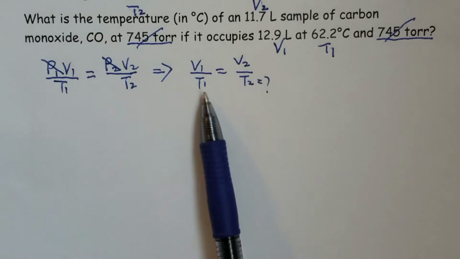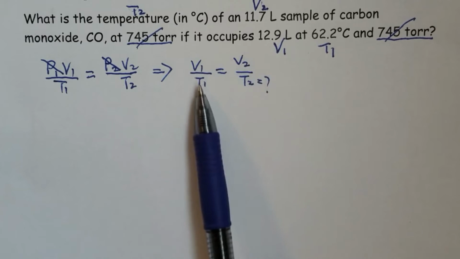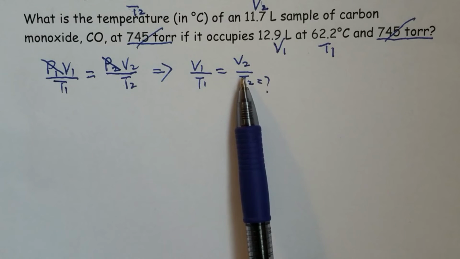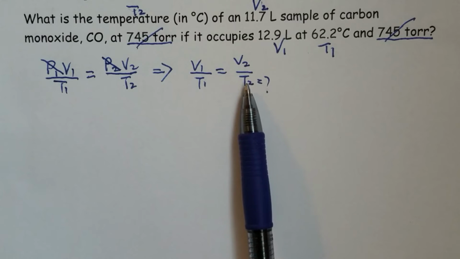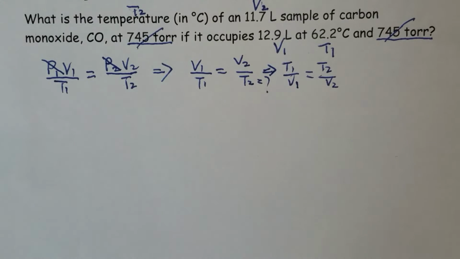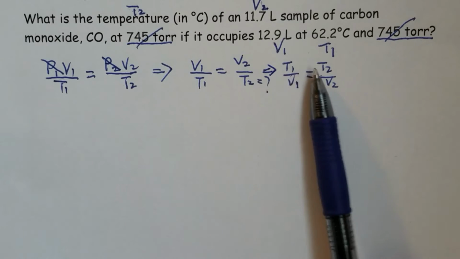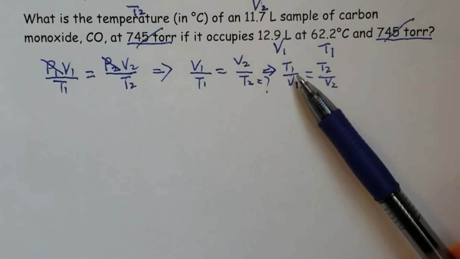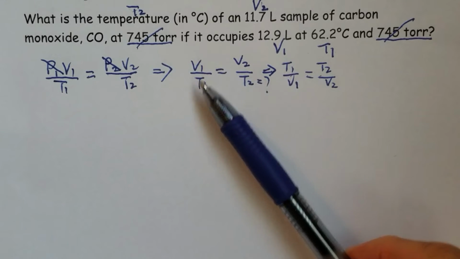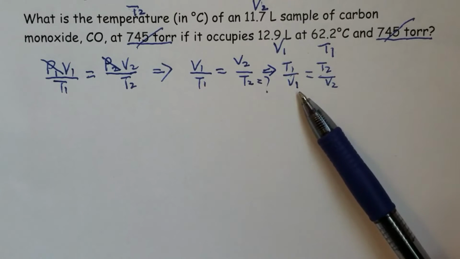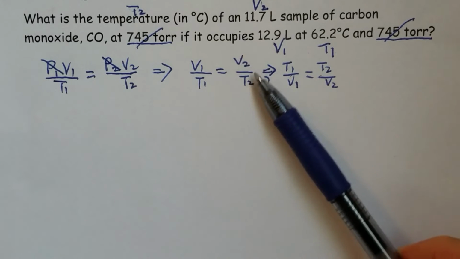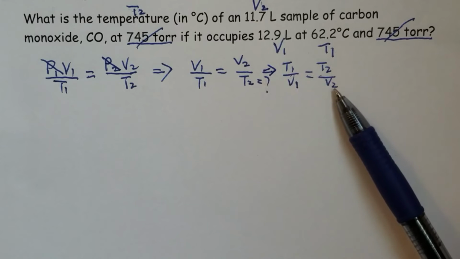Some students have a little trouble finding the unknown, or the quantity that needs to be calculated, especially if that quantity is in the denominator. If that's the case, you can just invert V1 over T1 to T1 over V1, and the same thing for T2 over V2.